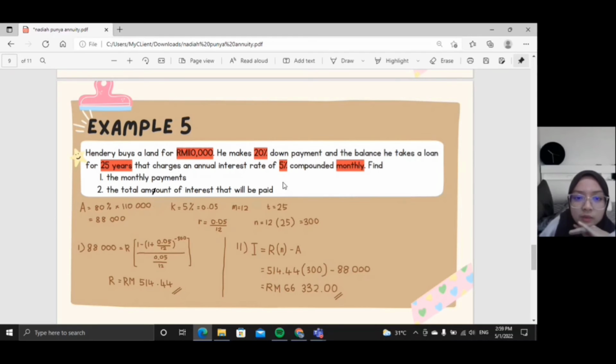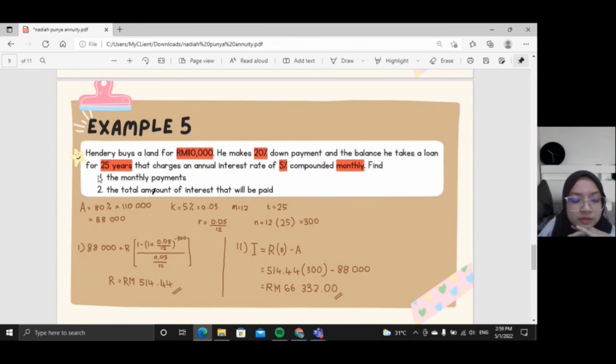Okay, and then K we have here 5%, equal to 0.05, and M is compounded monthly, so we have 12 months in 1 year, so M equals 12. And then T is 25, we have 25 years here. And then we get R is 0.05 over 12, and then N is 12 times 25, equal to 300. Okay, so for the first question, we already brought out the information from this question.